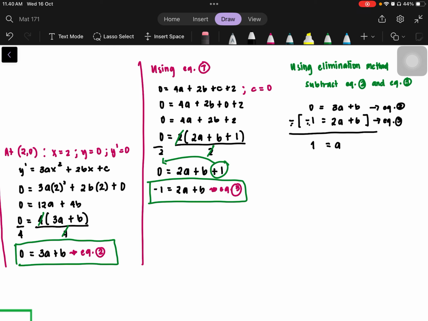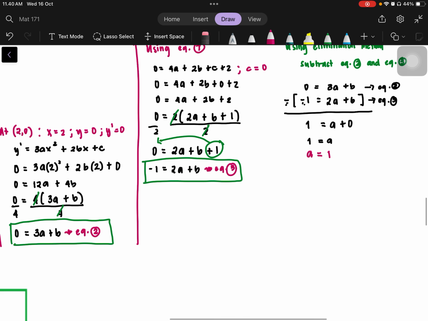And then, is equal to 3a minus 2a. Let's have a. b minus b is plus 0. So, ibig sabihin, we have 1 is equal to a. So, therefore, nakakuha na tayo that a is equal to 1. Okay. So, a is equal to 1 lang pala.